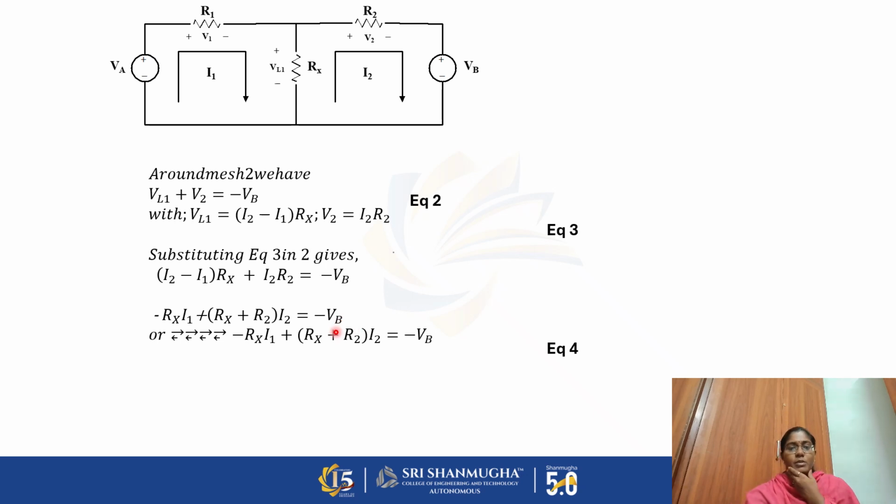So this is equation number 4. Now we have found the two linear equations. By solving these two linear equations, you can find the mesh currents I1 and I2. After finding mesh currents I1 and I2, you can find the current flowing through a particular resistance or the voltage across it. So thank you.